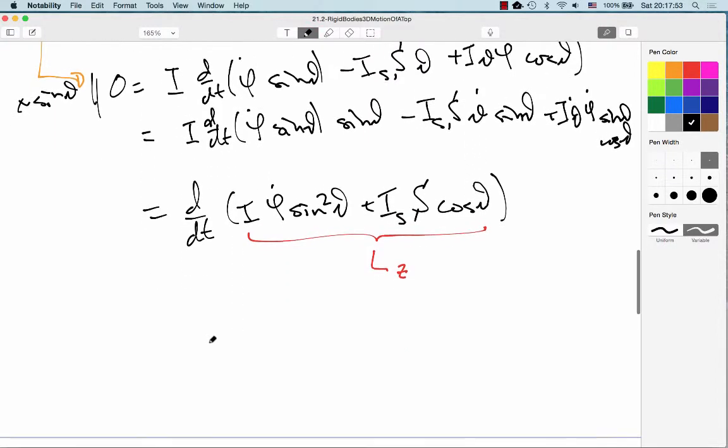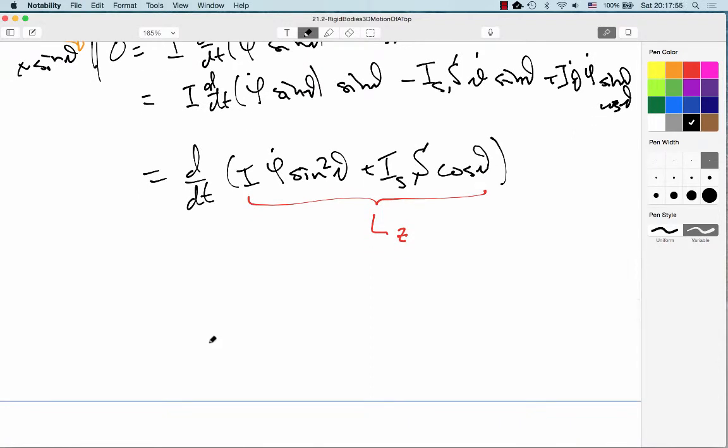All right. So let's go ahead and get our Lz from our Lz prime. So this is now in the fixed frame, will equal lambda inverse dotted with L prime from the body frame.